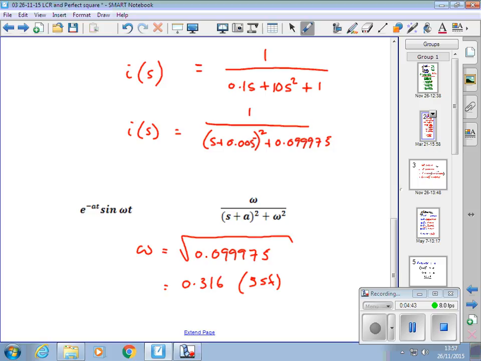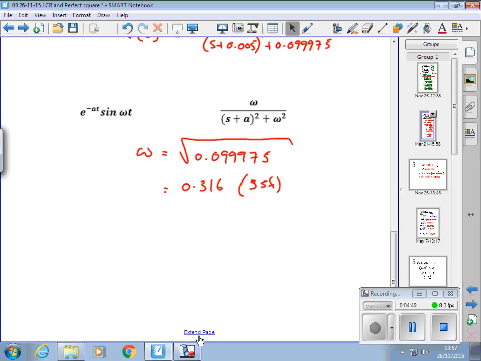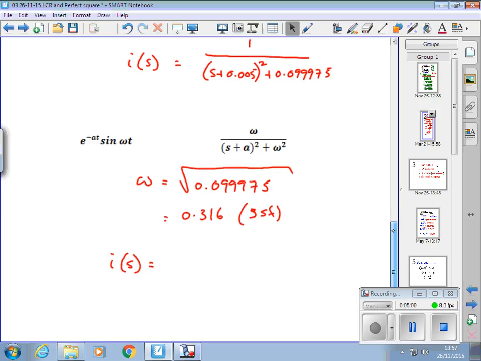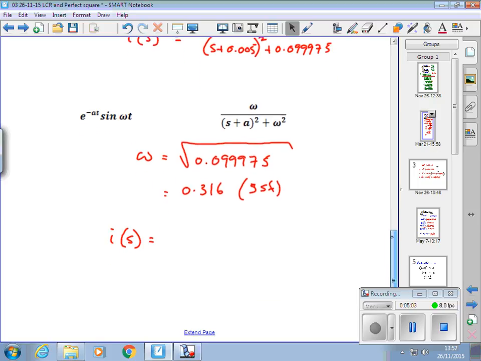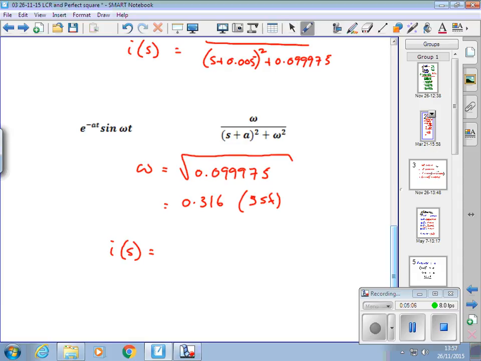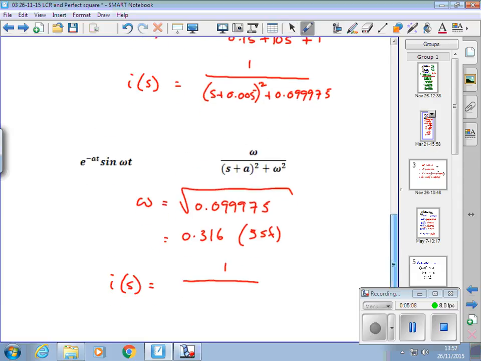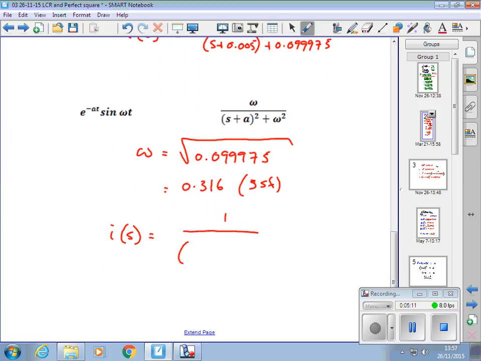So what we end up with is, and I can extend the page quite easily, you might be struggling a bit here, I'm afraid. We've got the I(s) equals, and I'll write it out so that we can see it hopefully. 1 over, which is what we had before, s plus 0.005 squared plus 0.099975.